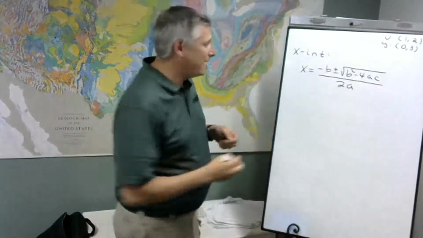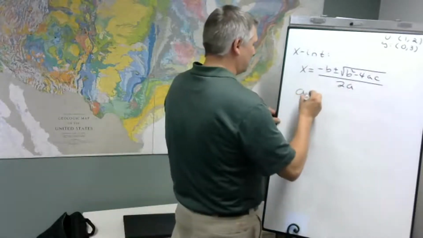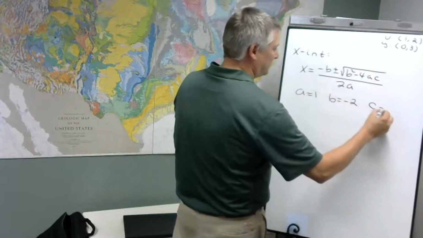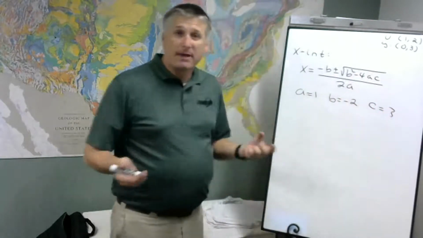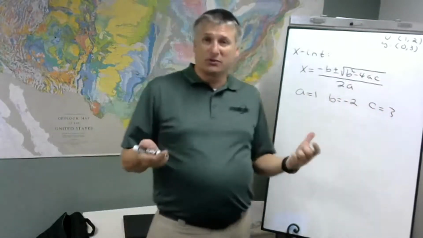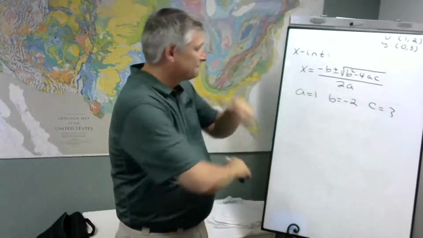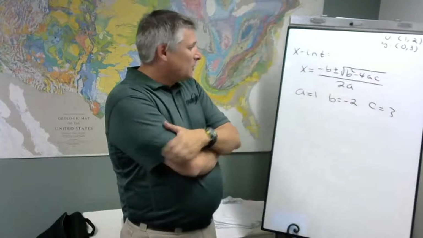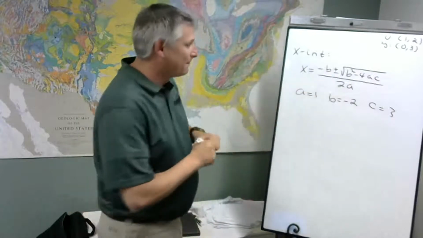And let's recall, a was 1, b was -2, and c was 3, looking back at the function from the beginning of this example. So we've plugged these into the letters.